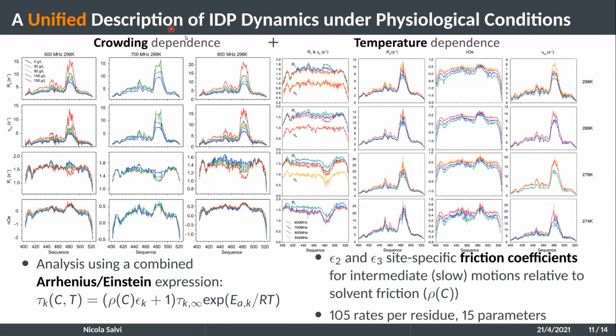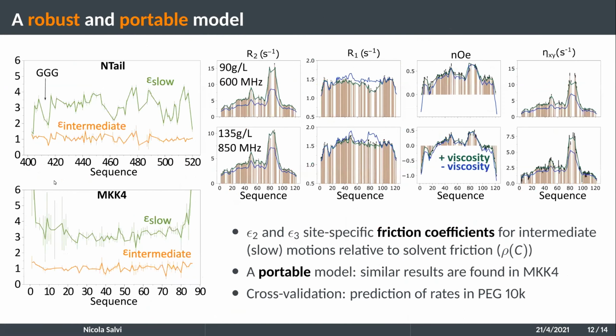Now, you can actually then derive an analytical formula that takes into account both the dependence on the amount of crowding and the temperature dependence. So from this analysis, on top of the parameters that we extracted before, we also derive this friction coefficient epsilon, which are site-specific for intermediate and slow motions. And this is what we did here.